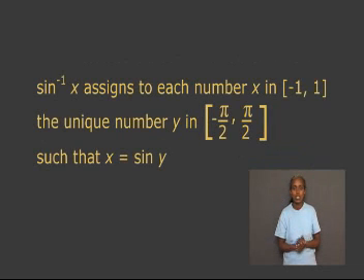The definitions we have just learned tell us that the inverse sine function assigns to each number x in the closed interval of negative 1 to 1 the unique number y in the closed interval negative pi over 2, pi over 2, such that x equals the sine of y.